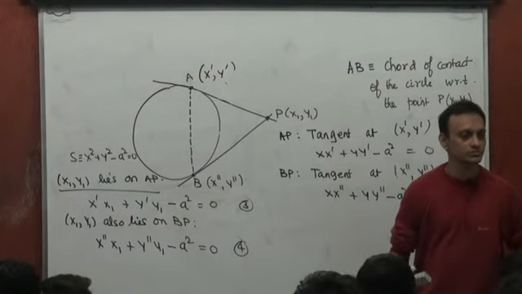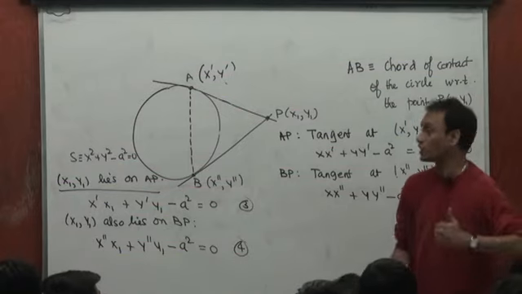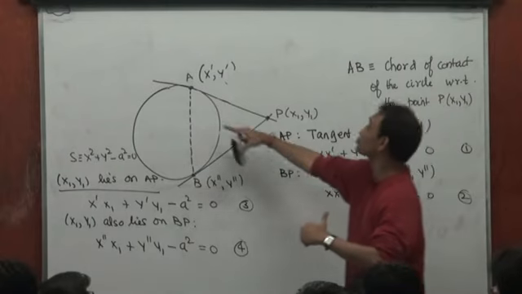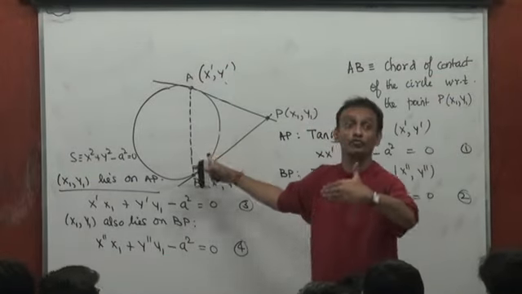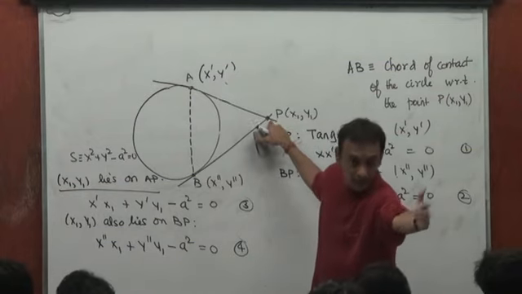No issues with it. But let's not lose sight of what we started with. The objective of this entire exercise was to find the equation of AB, the chord of contact with respect to an external point P, x1, y1. Clear? That was the objective.